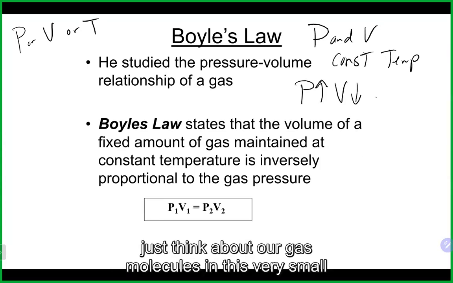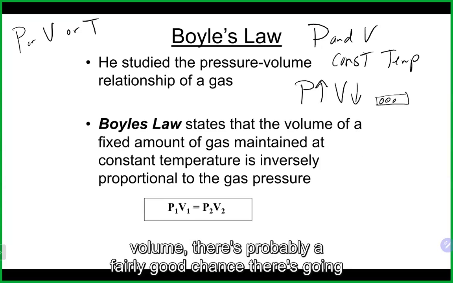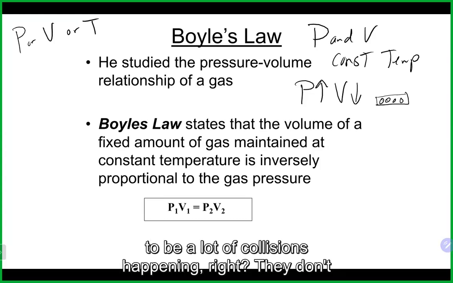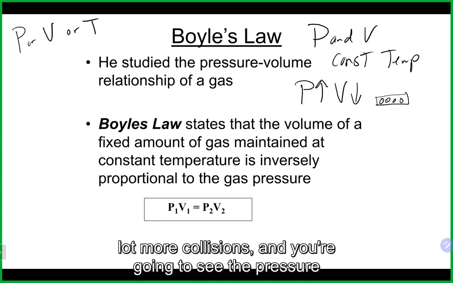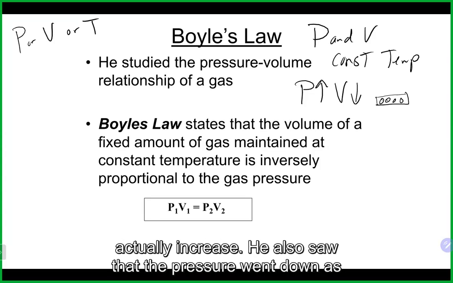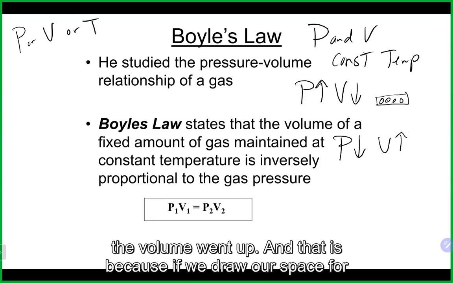If we think about our gas molecules in this very small volume, there's a fairly good chance there's going to be a lot of collisions happening, right? They don't have a lot of room to move around. You're going to have a lot more collisions, and you're going to see the pressure increase. He also saw that the pressure went down as the volume went up.